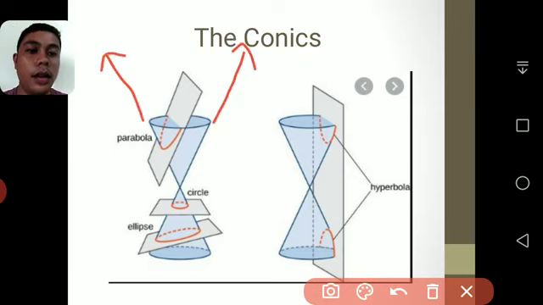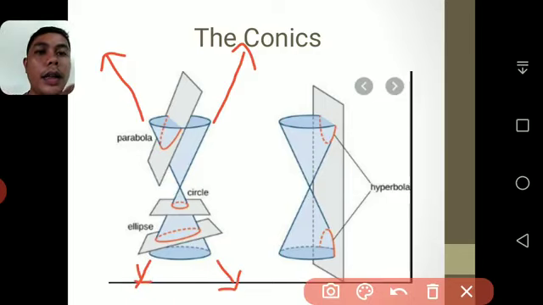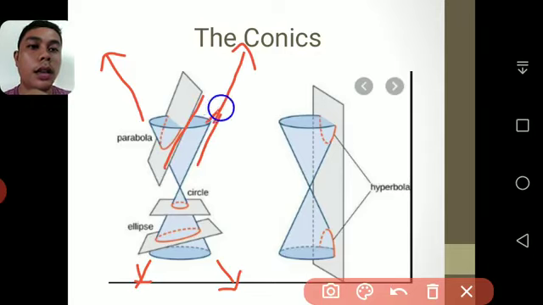The parabola is made when the plane cuts through the cone in such a way that the plane is parallel to the edge.